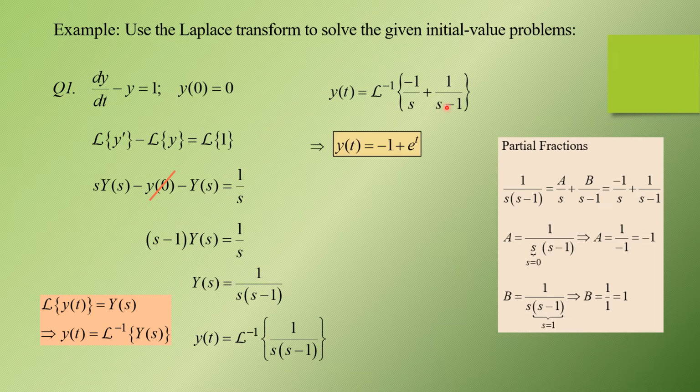So the answer is y(t) equals: the inverse of negative 1 over s, from the table of Laplace transform, is just negative 1, and the inverse Laplace transform of 1 over (s minus 1), use formula number 4 from the table where a is equal to 1, will be e to the power of t. So the solution for this initial value problem is y(t) equals negative 1 plus e to the power of t.